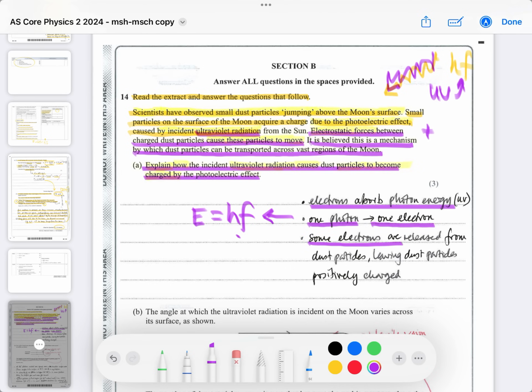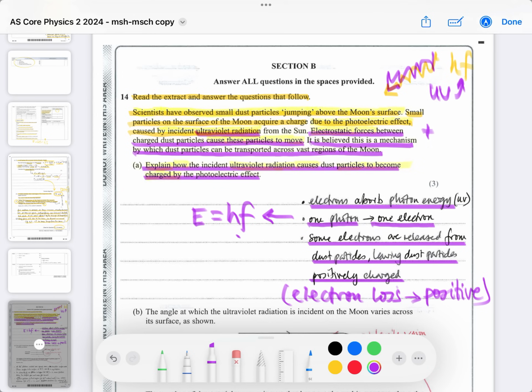Some electrons are then released from the dust particle because they gain this energy from the photons, leaving the dust particles with a deficit of electrons, which means they now have a net positive charge. If you lose electrons, it's electron transfer. Electron loss leads to positive outcomes.